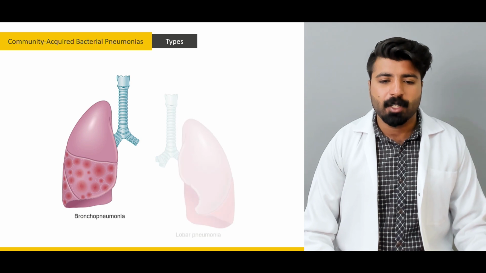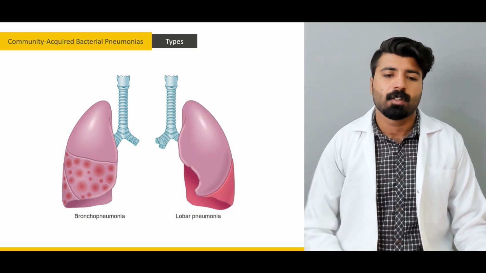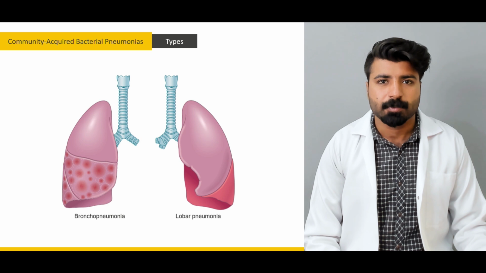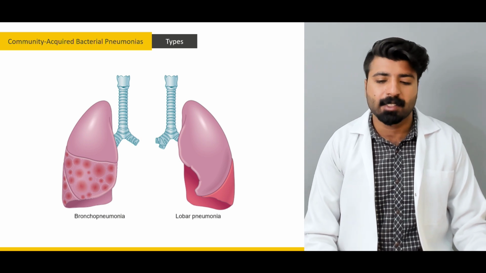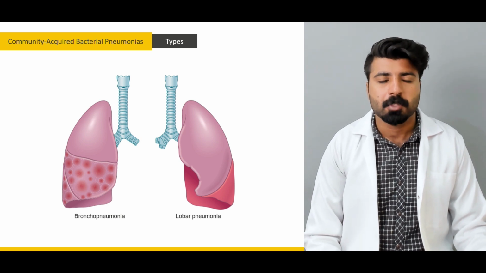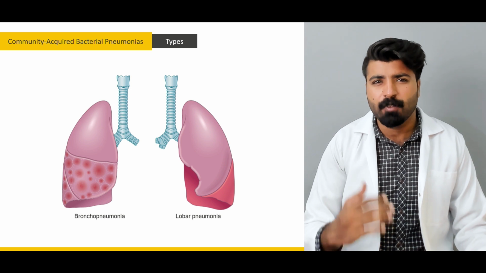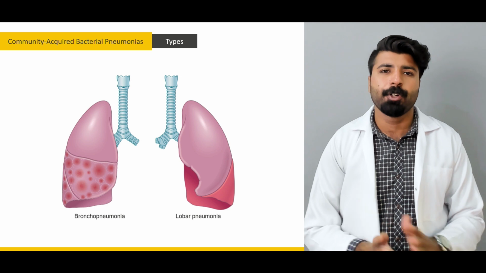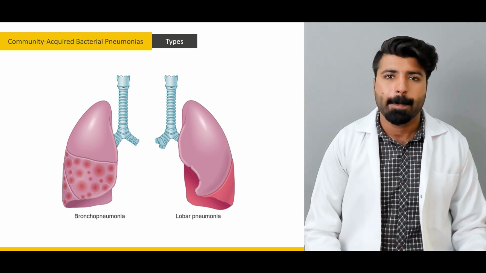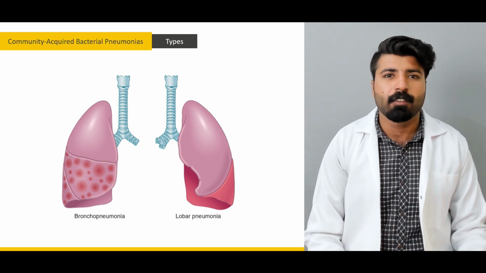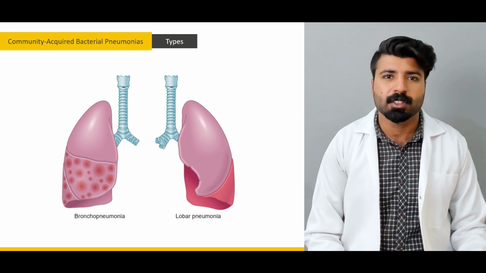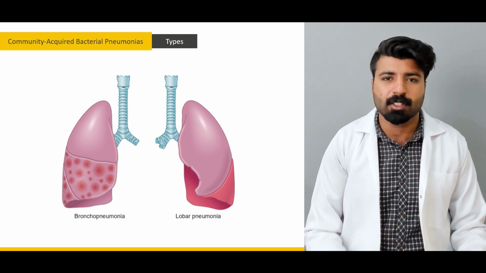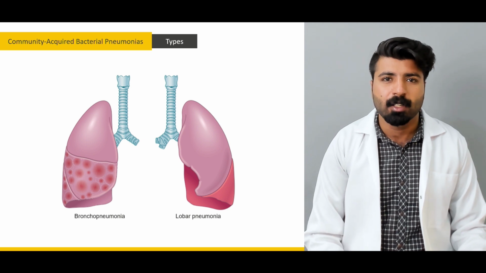First of all, let me tell you there are two types of community-acquired bacterial pneumonias. Either they can be lobar, or they can be bronchopneumonia. So when will it be lobar, when will it be bronchopneumonia? I told you a bacteria gets in, it goes to the alveolar level, starts the inflammation process, exudate starts appearing, and all the inflammatory mediators are coming in.